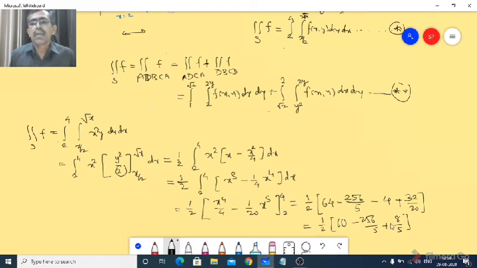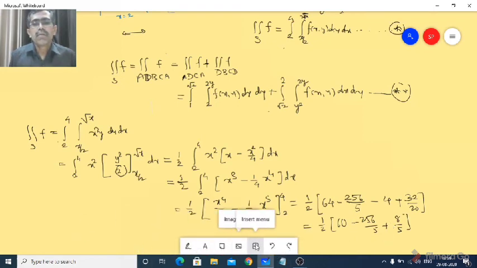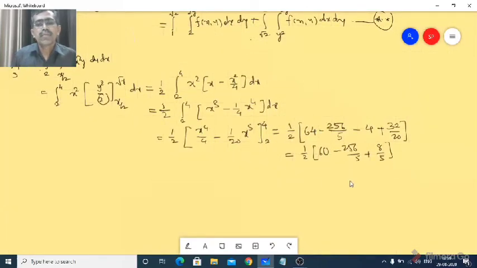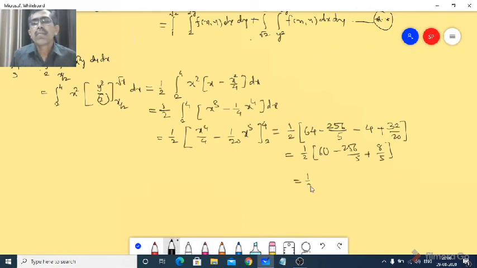Now we will simplify this. This is equal to half, so 60 minus 256 by 5, so that will be 248 by 5, so that will be half of 300 minus 248 by 5, which is 52 by 5, so that is 26 by 5.